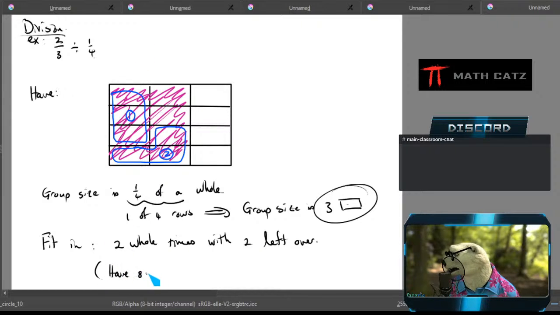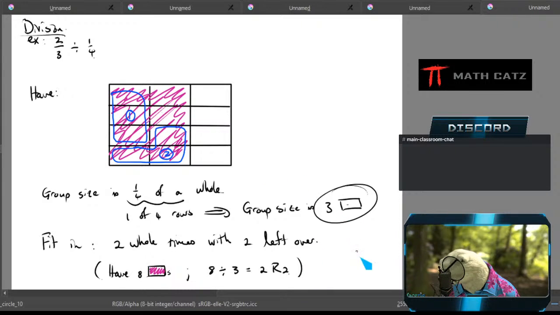Have 8 pieces here, pink. And I'm trying to fit in groups of 3. So let's just maybe see the integer calculation. It's going to be 2 with a remainder of 2 as well.